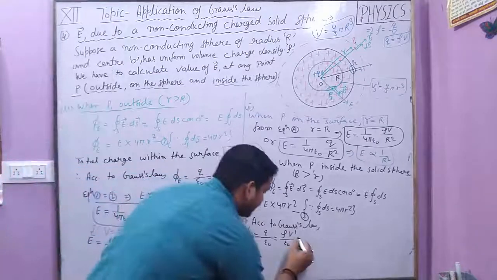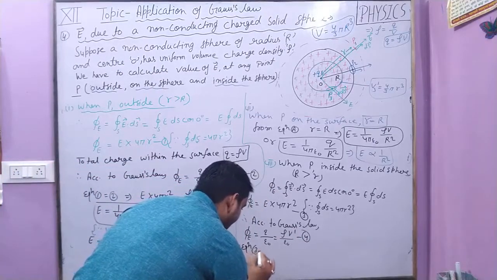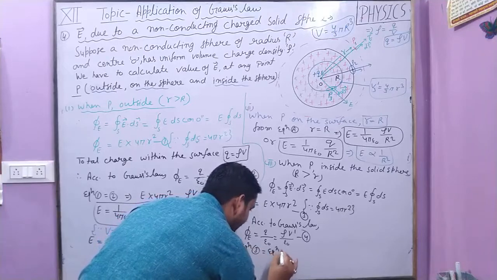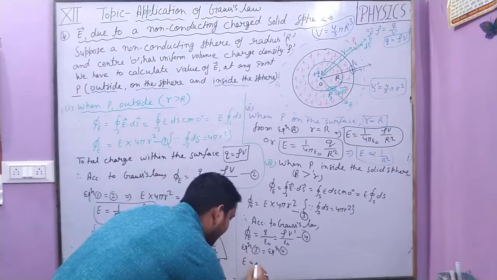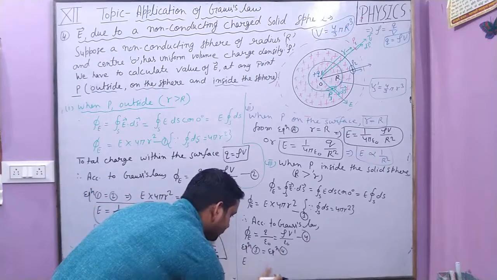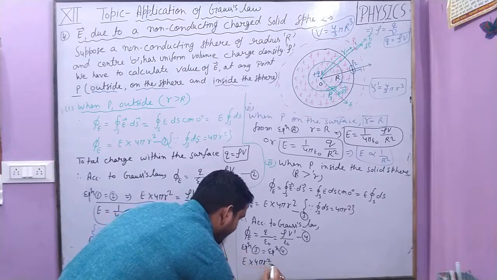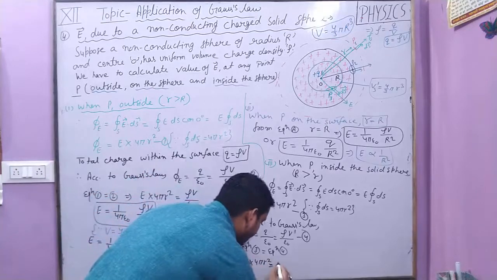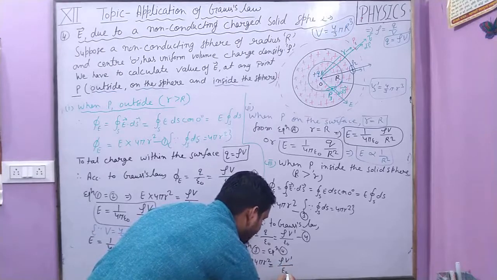This is your equation 4. Now equation 3 equal to equation 4, you can calculate from here the electric field: E into 4 pi r square is equal to rho v dash upon epsilon naught.